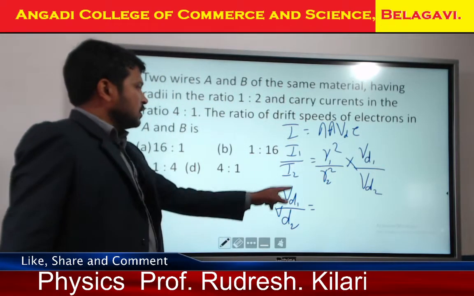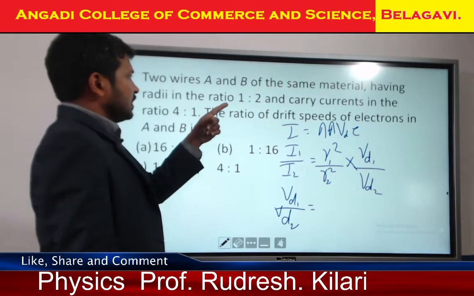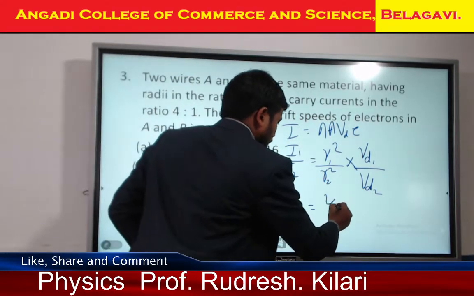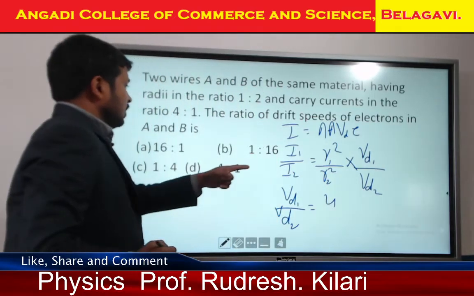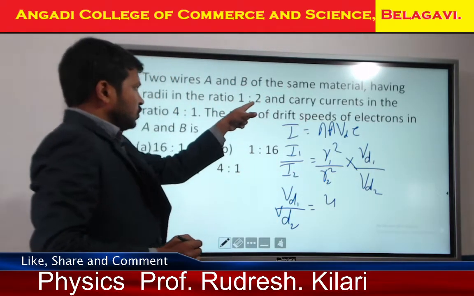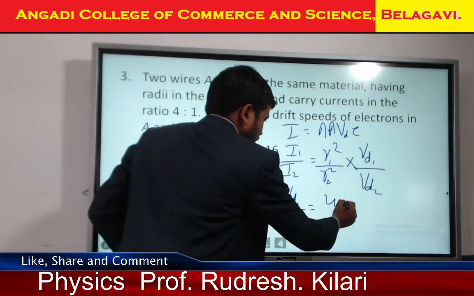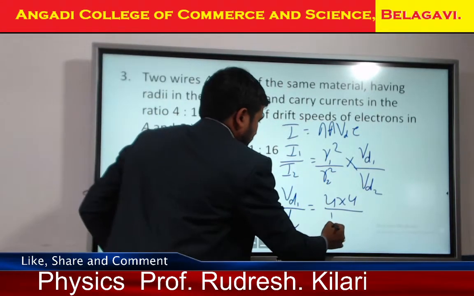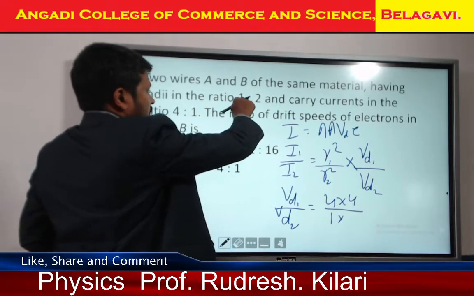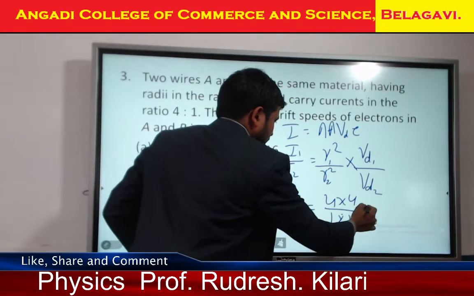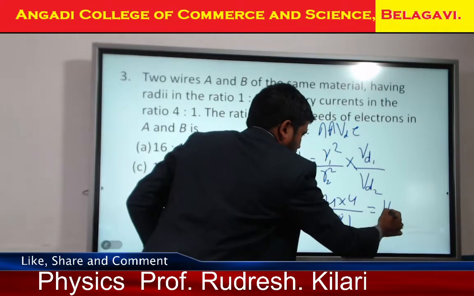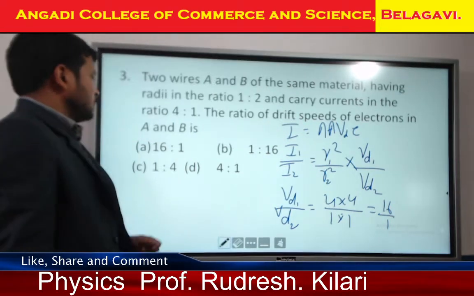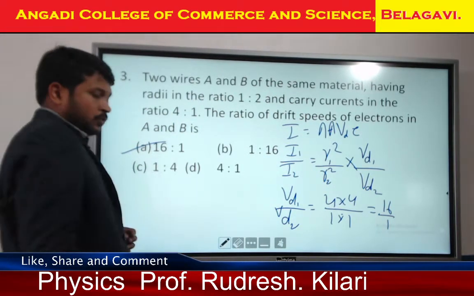Just multiply. What is the value of I here? Current is 4, then r2 is 2, 2 squared again, 4 by I1, I1 is 1, and r1 is 1. Multiply, 16 is to 1. What is the answer, students? 16 is to 1. Option A is the right answer.